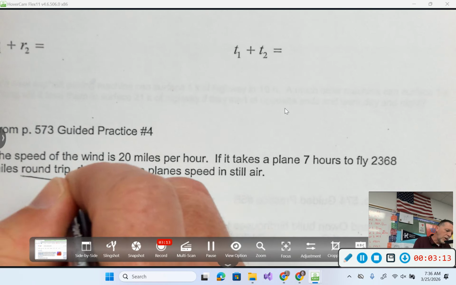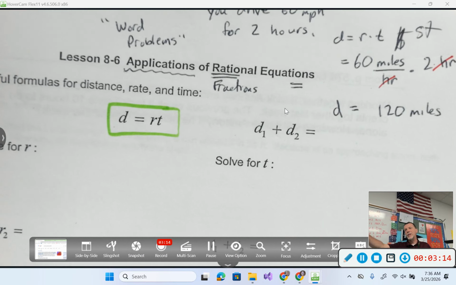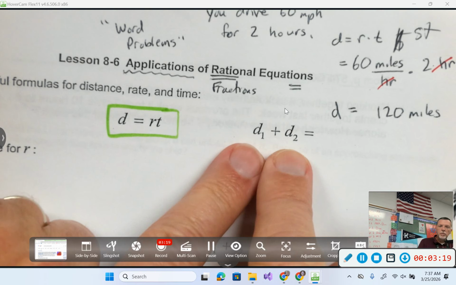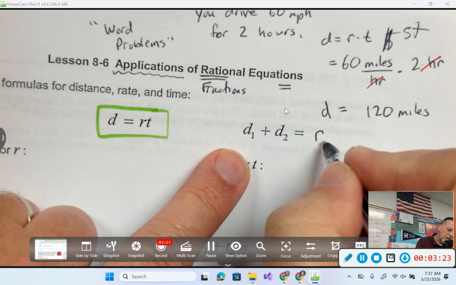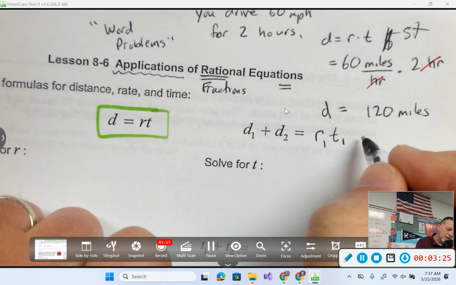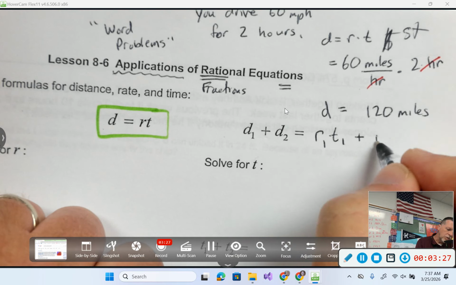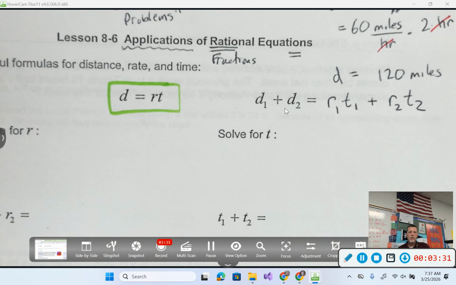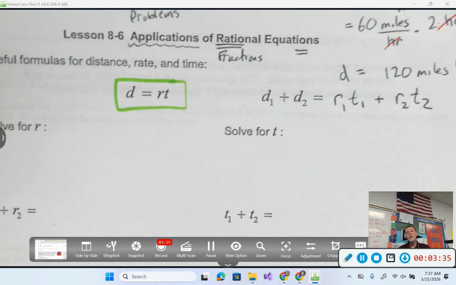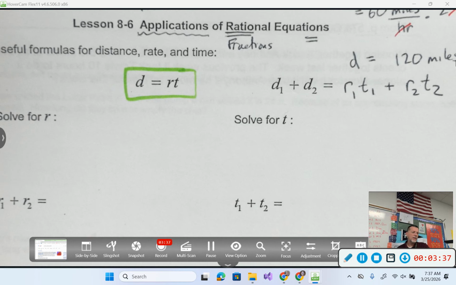So that means part of the trip will be flying into the wind, and part of the trip will be flying with the wind. So there would be two distances to travel. Well, distance 1 is rate 1 times time 1. Distance 2 is rate 2 times time 2. So it's always distance equals rate times time. It'll just be rearranging things, putting things together.